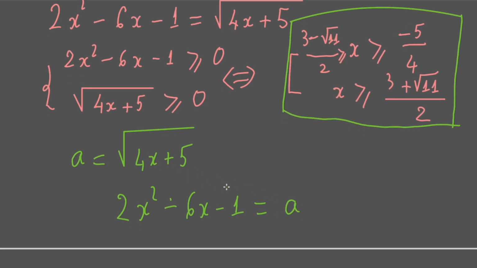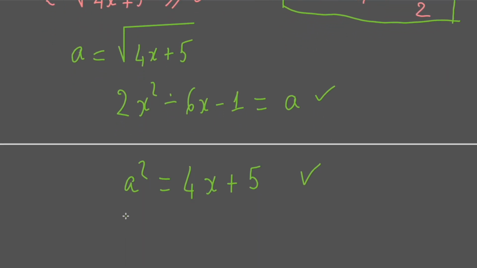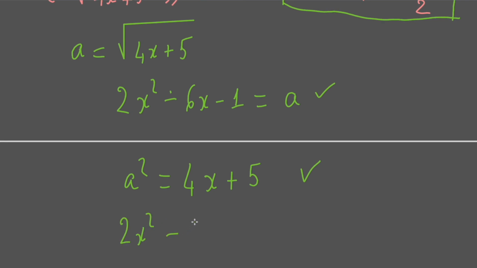If a squared is equal to 4x plus 5, then we have a system of equations, and it is really difficult for us to solve this kind of system. So this is not a good way to put this kind of substitution variable.